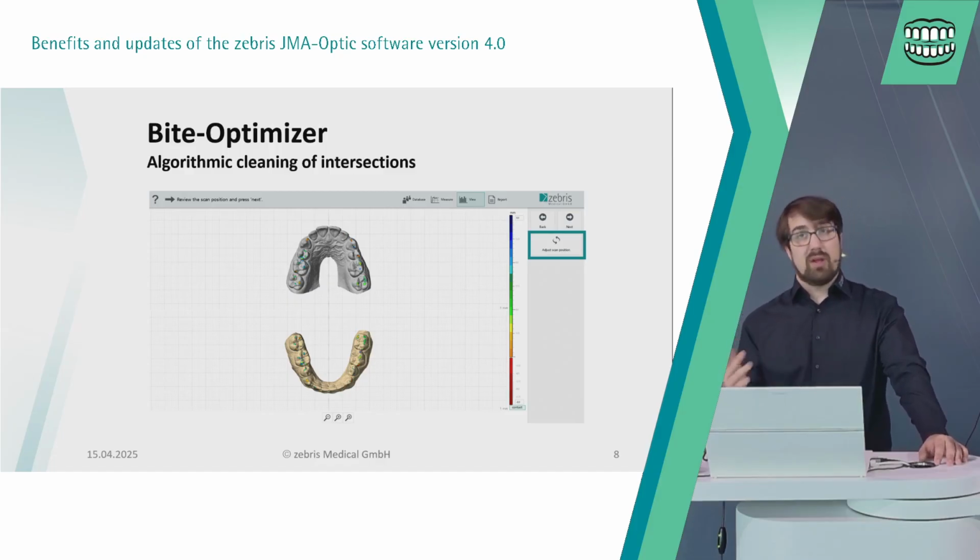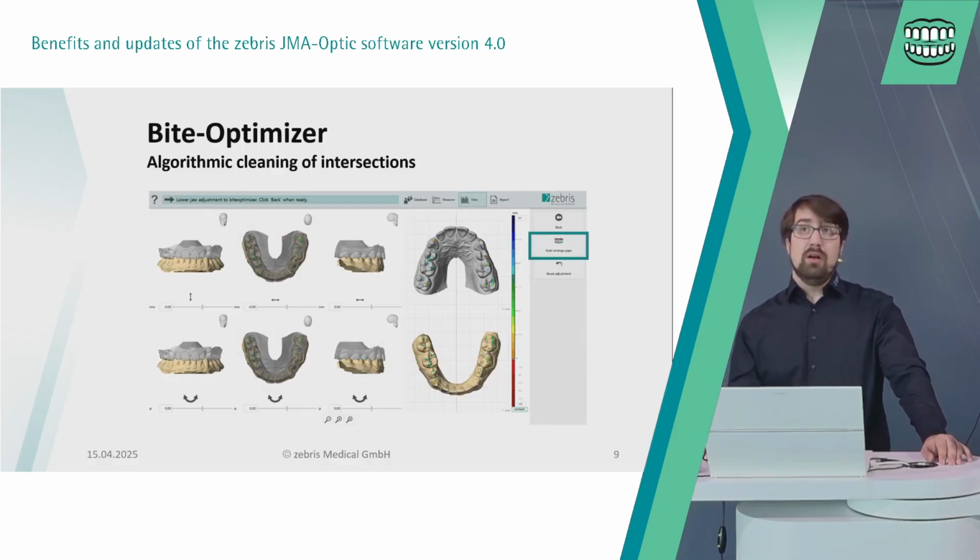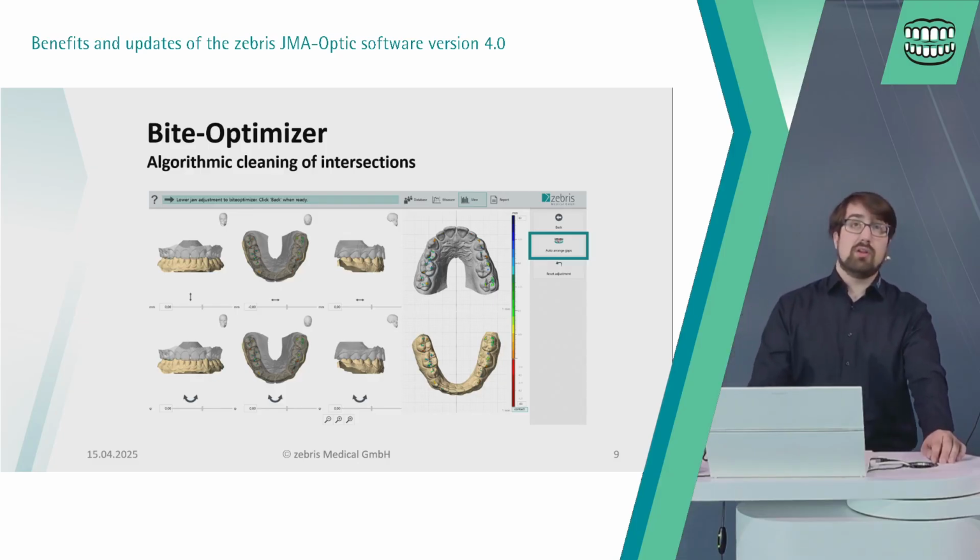When we are in the software where we just imported the scans, we have on the right side this button, adjust scan position. Here we find an algorithmic cleaning of intersections with the outer range gap button, where the software will calculate a new position of the lower jaw without intersections in the upper jaw. And you will directly see what the algorithm calculated for you, what the algorithm changes, from before and after.